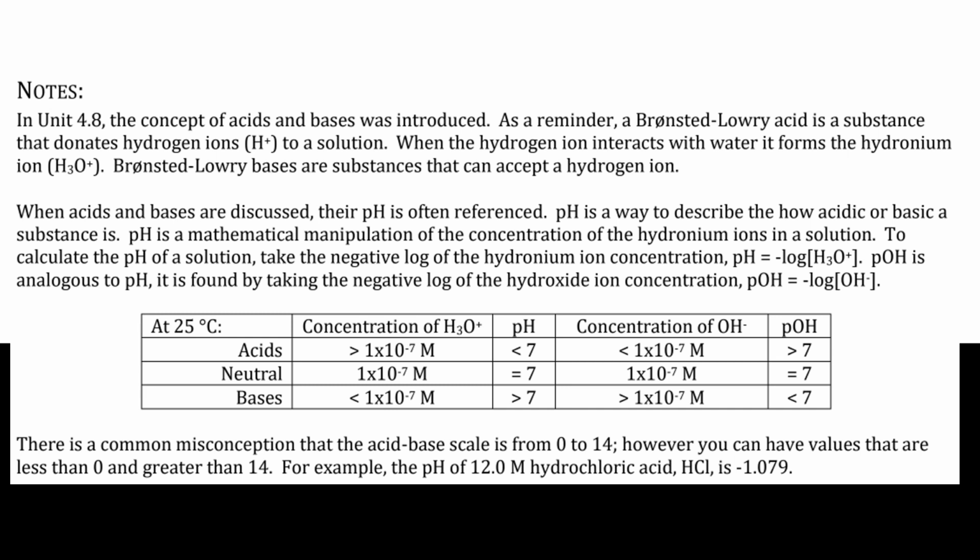So when we look at acids and bases, we look at their pH, and it's a way to describe how acidic or basic something is. To calculate the pH of a solution, take the negative log of the hydronium ion, and if it's the pOH, it's the same concept, but it's only if you're looking for the pOH. Use the same type of equation, negative log of the hydroxide ion. But if they give you the hydroxide ion and they want the pH, you got to do something else with that.